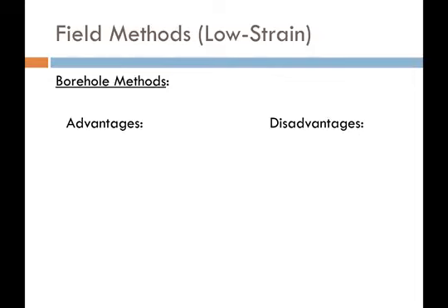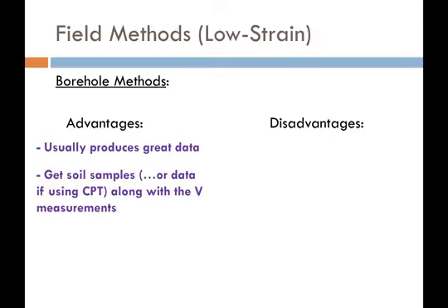So, advantages and disadvantages of these borehole methods. In terms of advantages, we usually get really good data. It's very reliable. We can see it. Whenever I see borehole geophysical data, it's usually worth its weight in gold. We can also get soil samples in the process of drilling our borings.